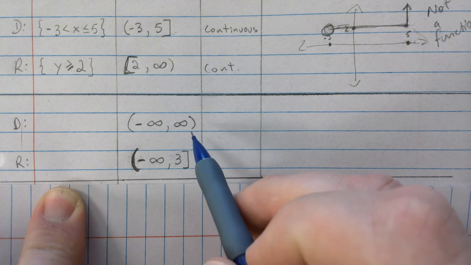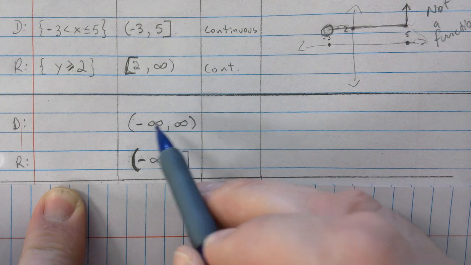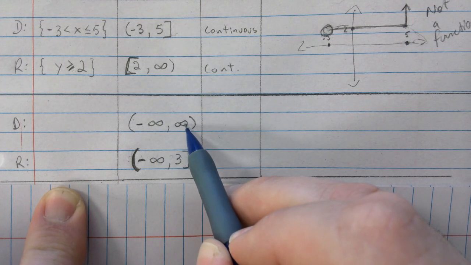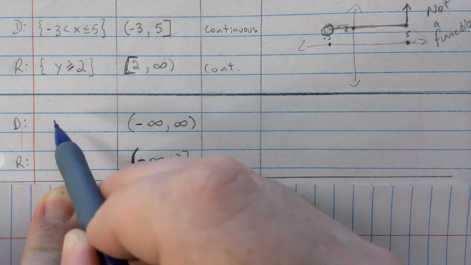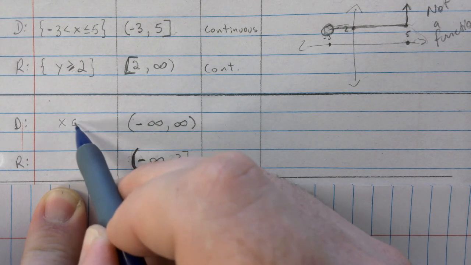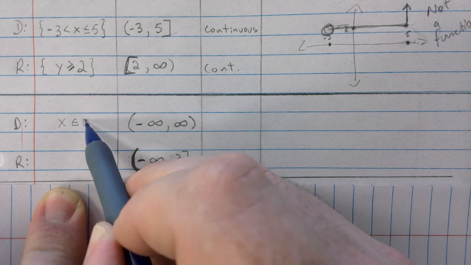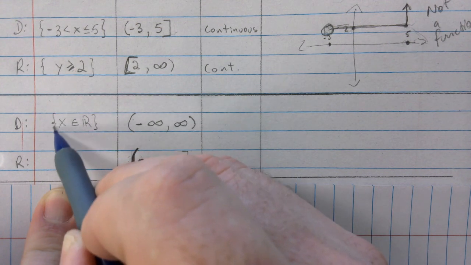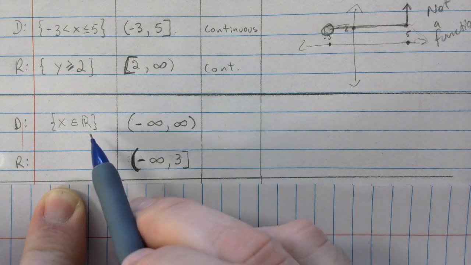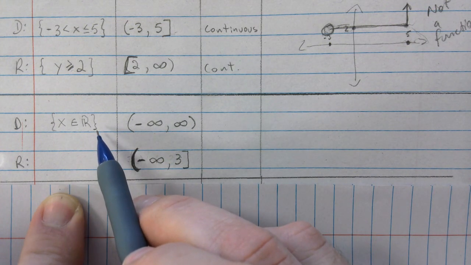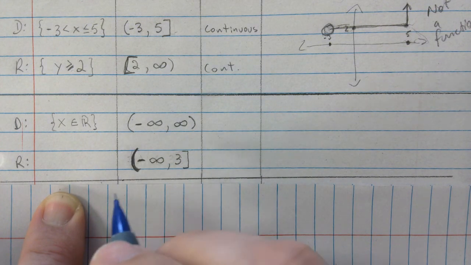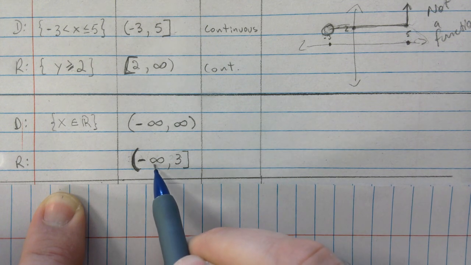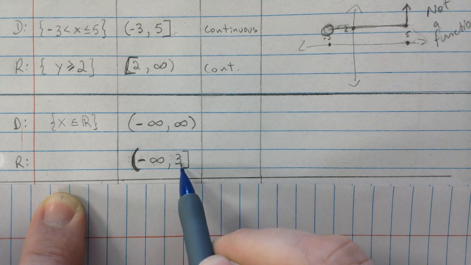All right. So negative infinity to positive infinity, that means this is x belongs to the real numbers. It's telling you that all the real numbers are acceptable. Okay. That's how you translate that. Okay. And then negative infinity to 3, right?